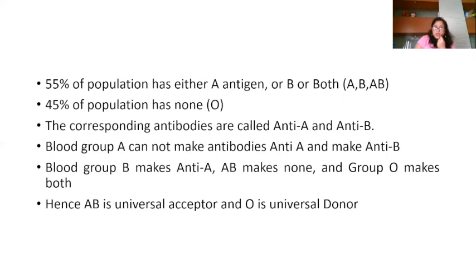The corresponding antibodies are called anti-A and anti-B. Blood group A cannot make anti-A antibodies and they make anti-B. So when you think about a pair, antigen A, antibody B, antigen B, antibody A, just keep this fixed in your mind. Hence, AB is a universal acceptor and O is a universal donor.